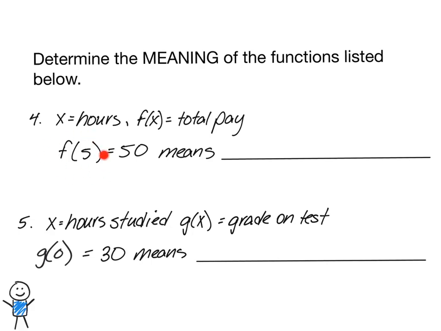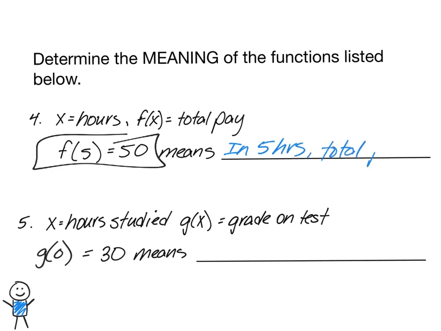F of 5 represents this right side, which is the total pay. So the way you would write your answer is this. The way this particular function reads, it reads, in 5 hours, the total pay was 50 bucks.